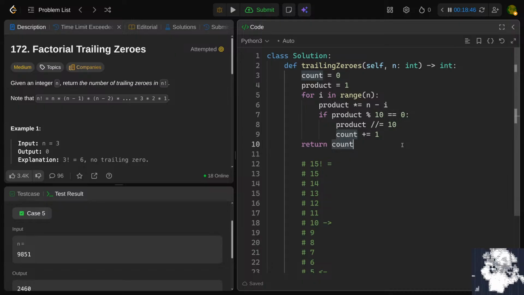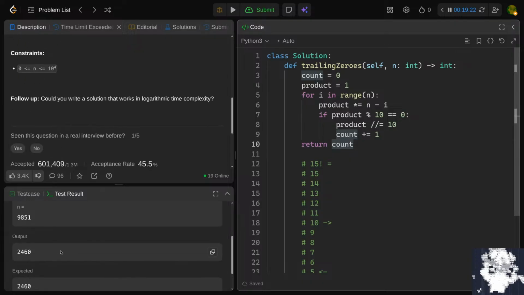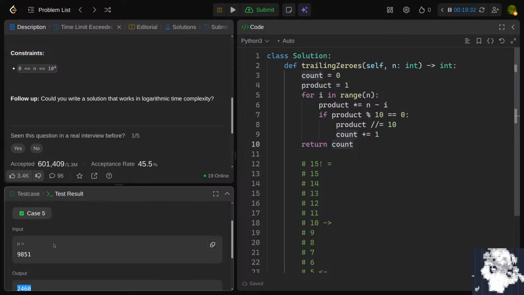Okay. Well, I guess I'm still thinking it's got to be something like... Because look at this, it wants thousands of zeros in the N9000 case.